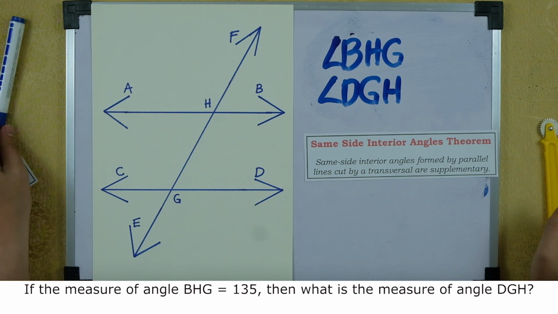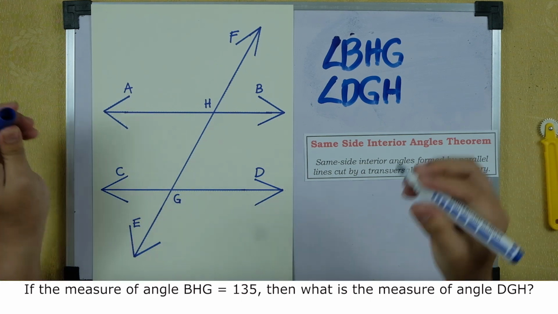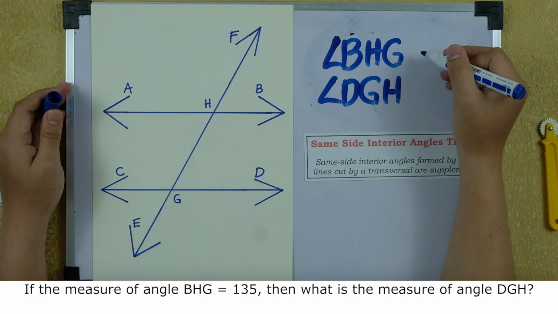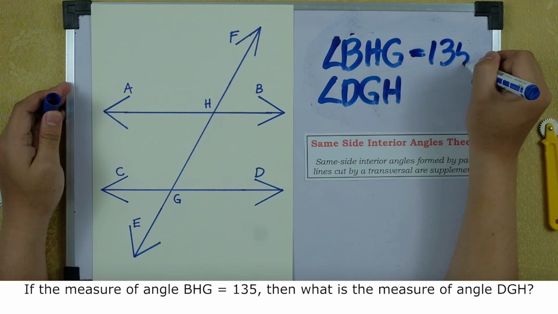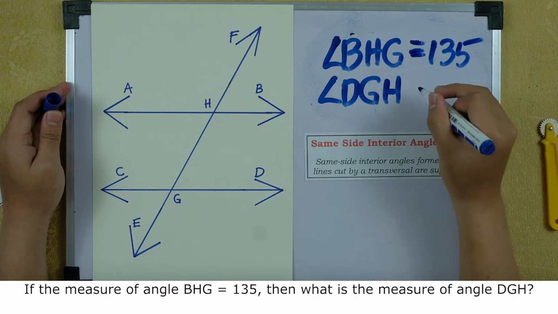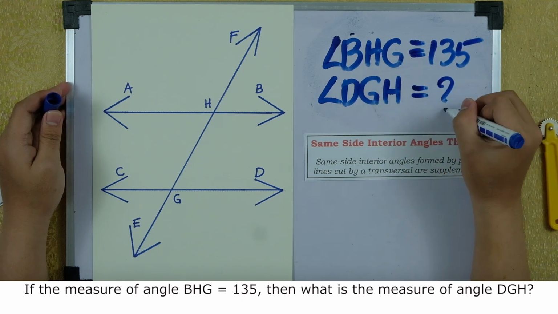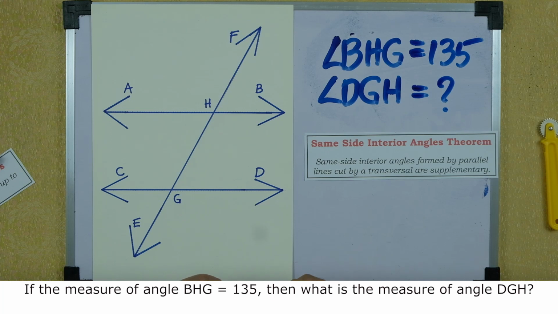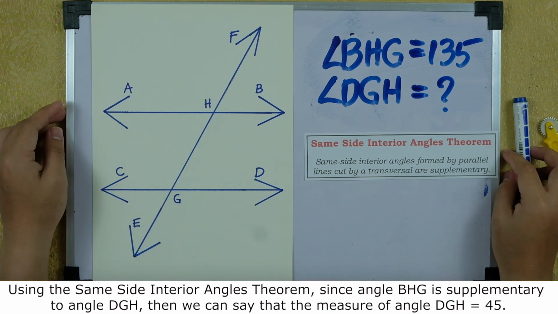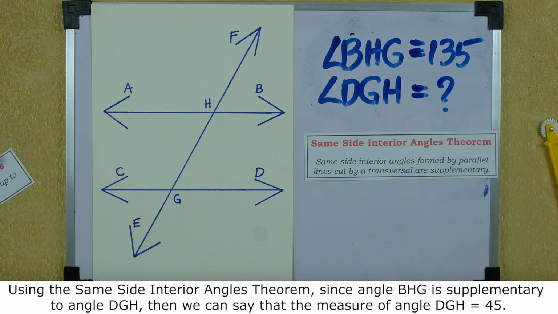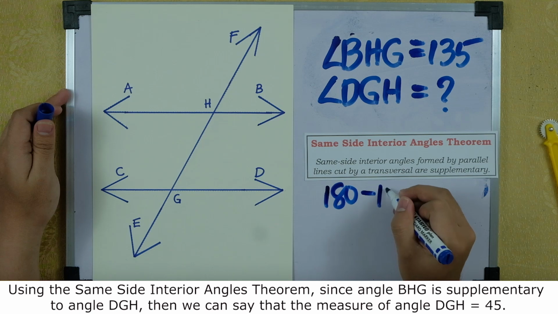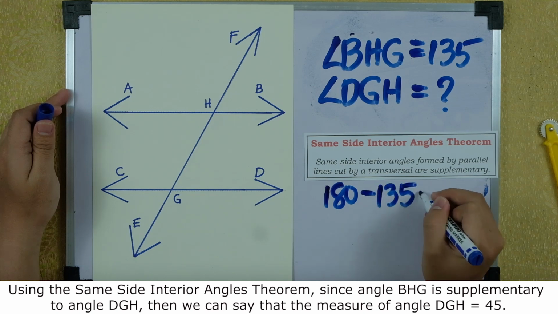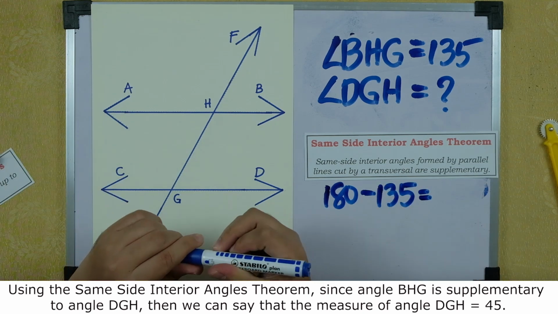Going back to our example, suppose angle BHG is equal to 135. So what is the measure of angle DGH? So using the same side interior angles theorem, we subtract 180 and 135 to get the measure of angle DGH.